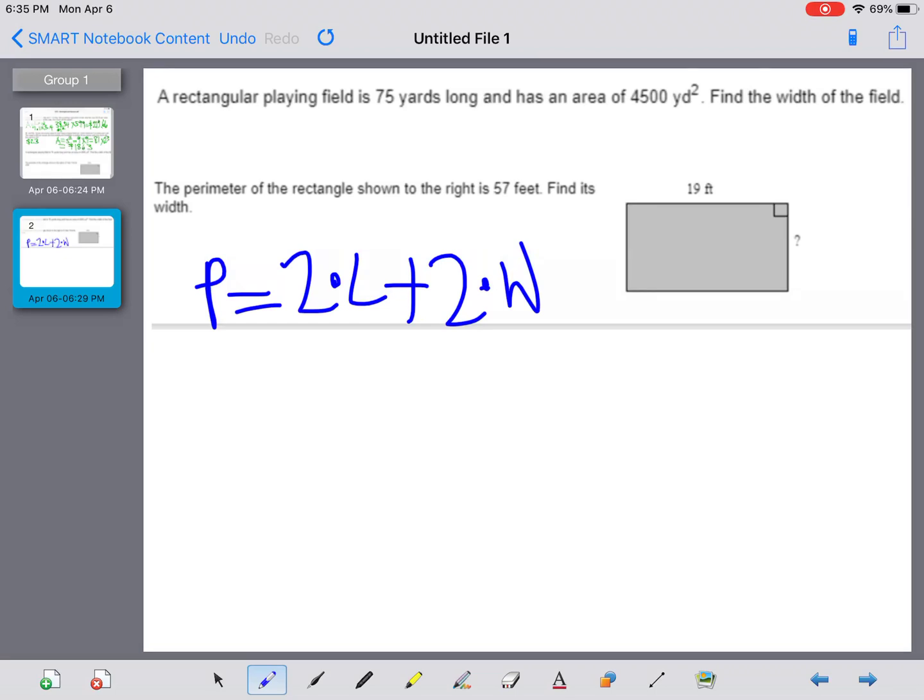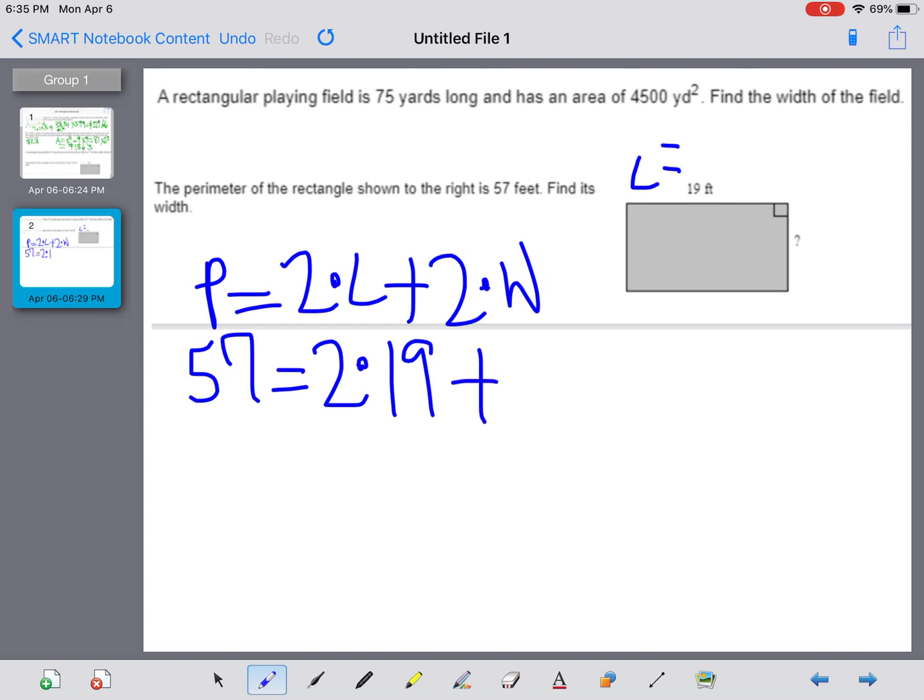And what is pictured is the length. And we're also given the perimeter, so let's plug in those two values into our formula. Two times 19 is 38.